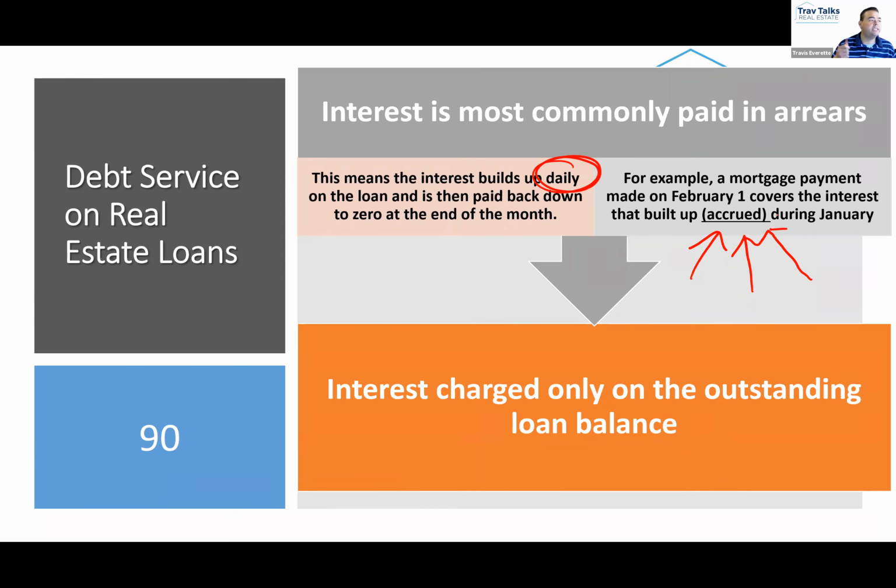Accrued interest is interest that has built up. When was the last time I made a payment on my mortgage at my home? When are they due? The first of the month. Okay. So September 1st was the last payment on my note. Everybody okay with that statement? What month's interest was being paid with that September 1 payment?